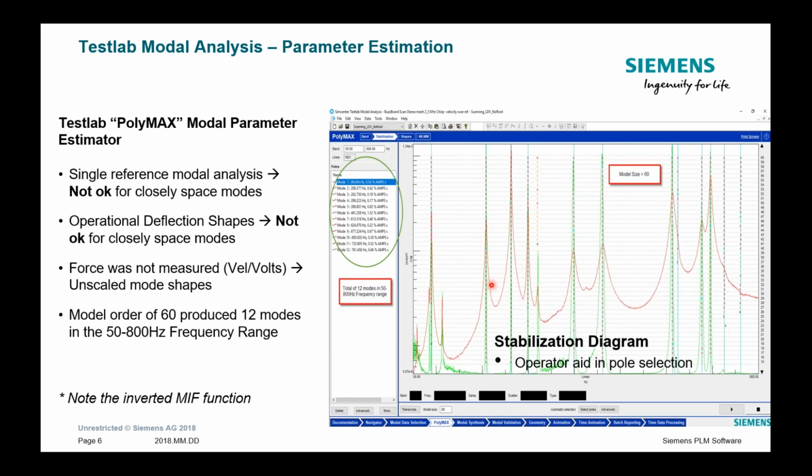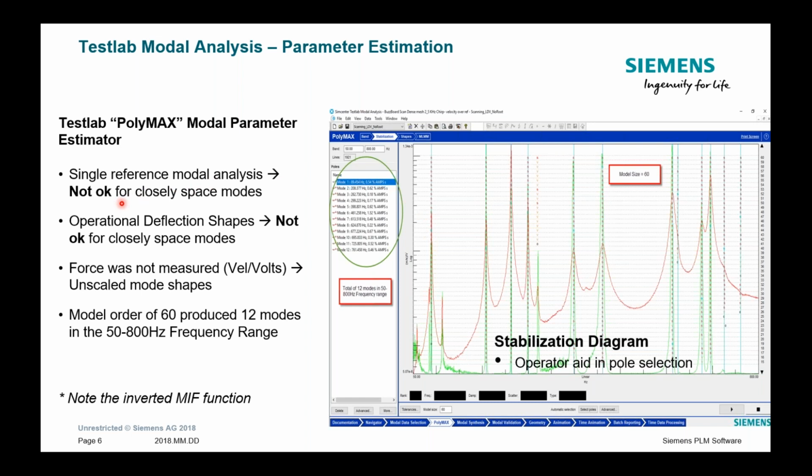So the red trace here is the summation of all of the FRFs, 1,400 and some FRFs, and then the green trace is a mode indicator function, which, again, these are just aids. The mode indicator function is looking at the real and imaginary relationships at resonance and using that information to indicate where modes may be. But also we can sum up all of the FRFs, and that's what the red trace is showing.